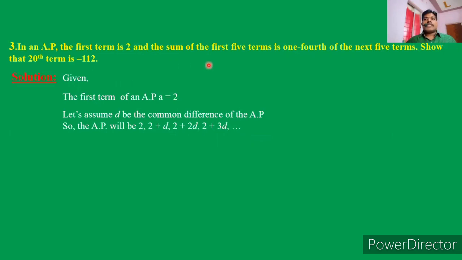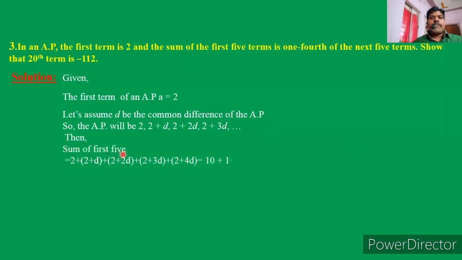So first I am calculating the sum of the first 5 terms. The first term is A, the second term is A plus D, the third term is A plus 2D, the fourth term is A plus 3D, and the fifth term is A plus 4D.